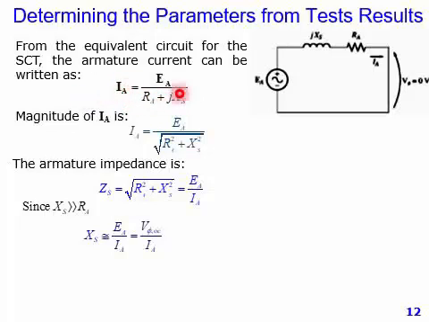To calculate this current, the magnitude can be obtained by taking the square root, and we can simply ignore the resistance if we want, since this is quite small with respect to X of S.